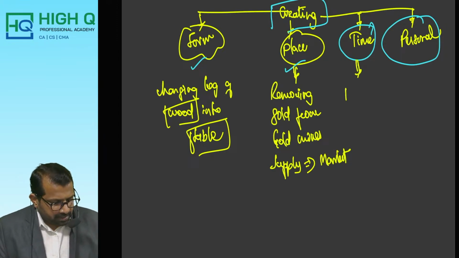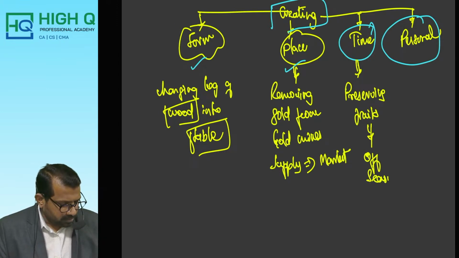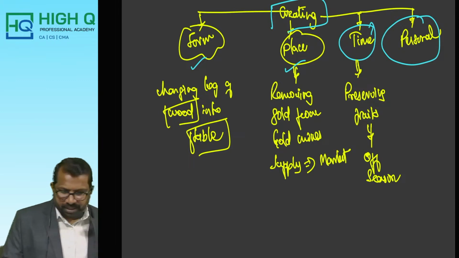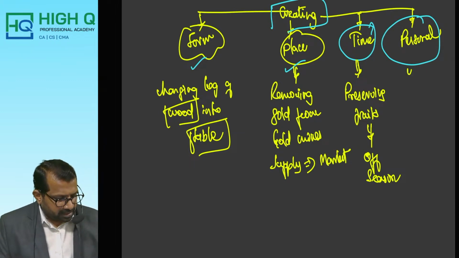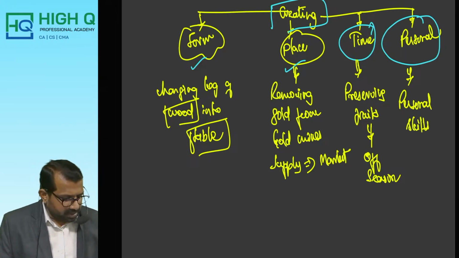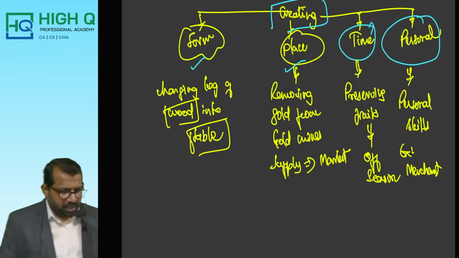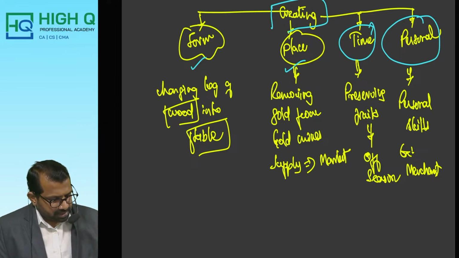Time utility, preserving fruits so that they can be made available even off season, called time utility. Personal utility, making use of personal skills. Example, a merchant who is showing his interest in selling the product comes under personal utility.